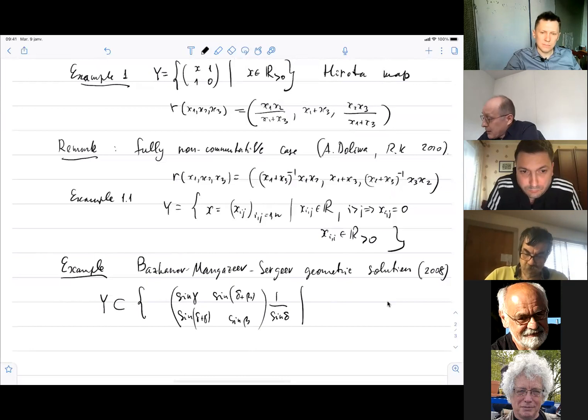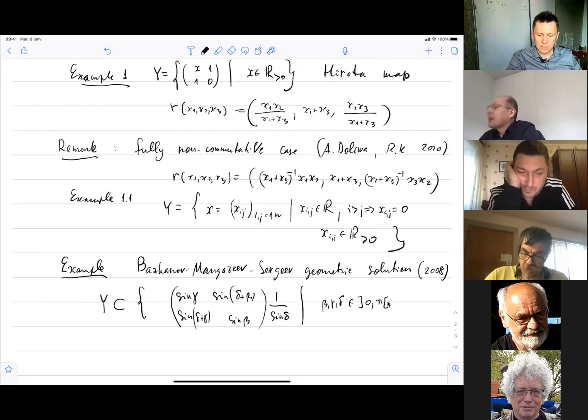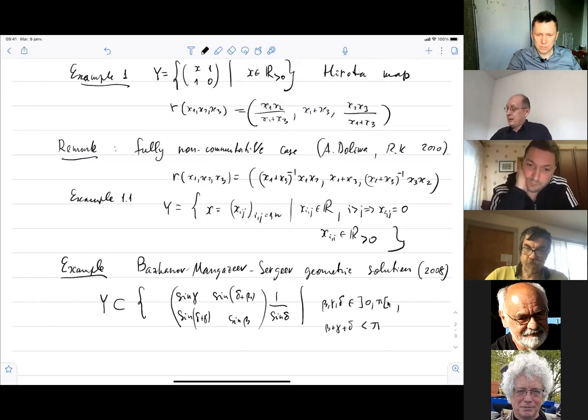And here beta, gamma, delta are real numbers in the interval between 0 and pi, and additionally, beta plus gamma plus delta is less than pi. So ideally, we would like to define Y to be this set.